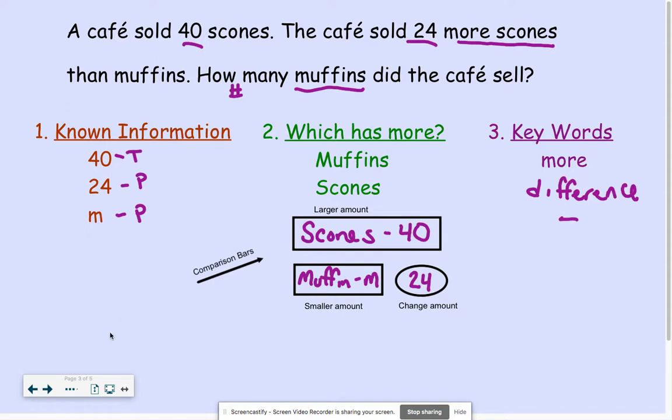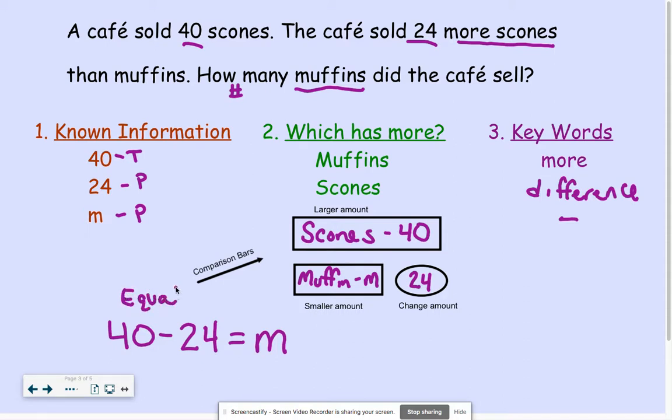Our equation for this is going to be 40 minus, because that was our difference word, our change amount, 24, and it equals our variable. In this case, our variable is M for muffins. So this is our equation right here.